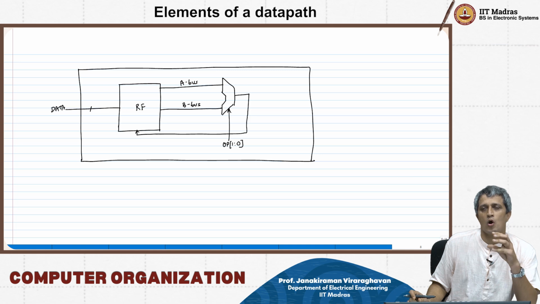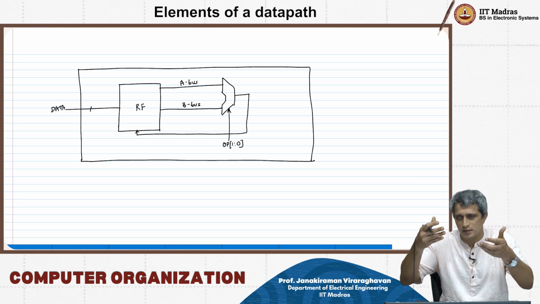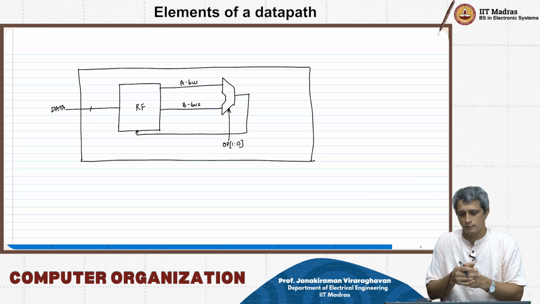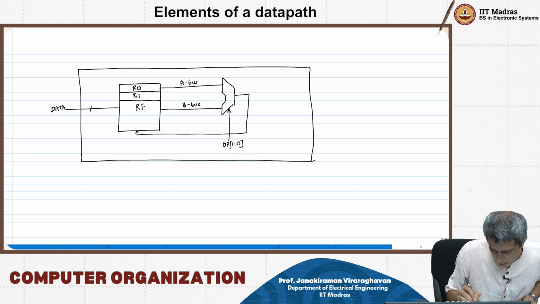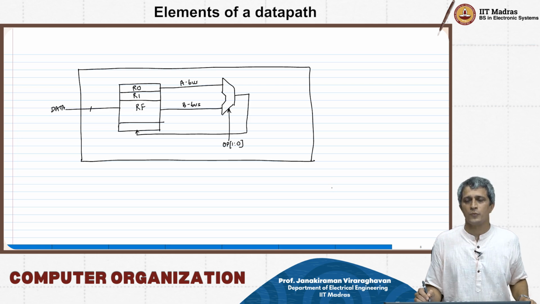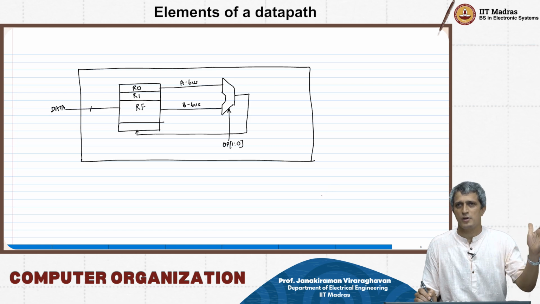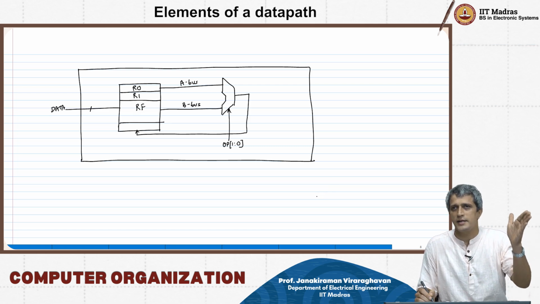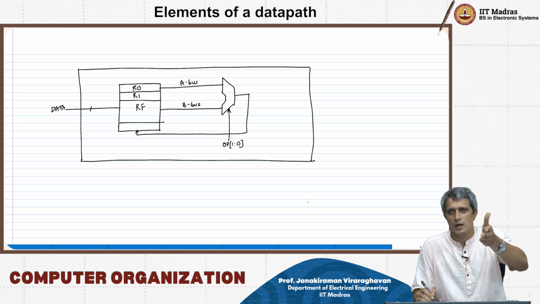Okay, so now if I am able to do this kind of a thing, right, what do I need in order to write that sequence of operations, for example, where I wanted to do that addition? Okay, so let us say R0, R1 and so on. Now what I basically need to do is, data is coming from outside and it needs to be registered into one of these registers, right.